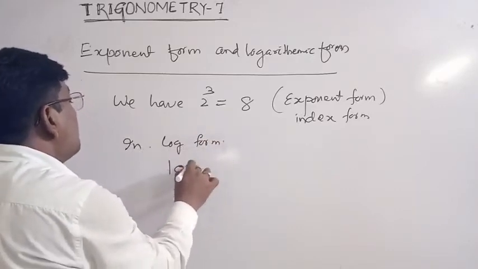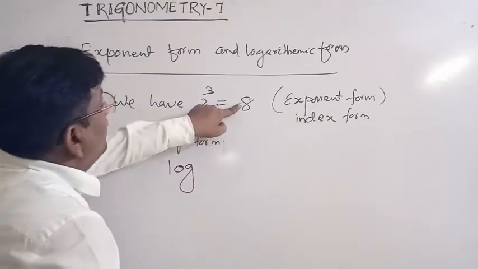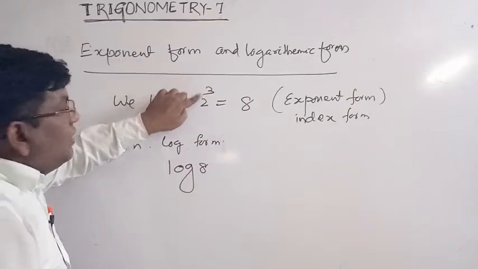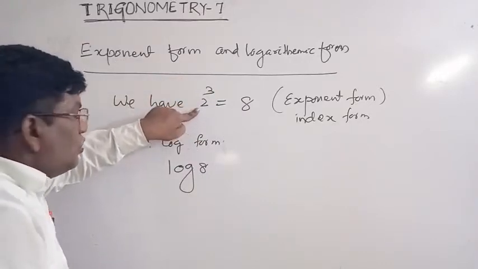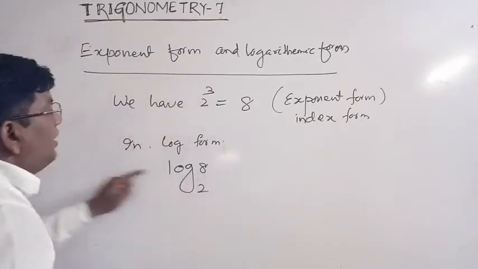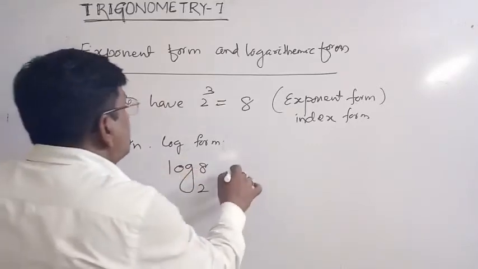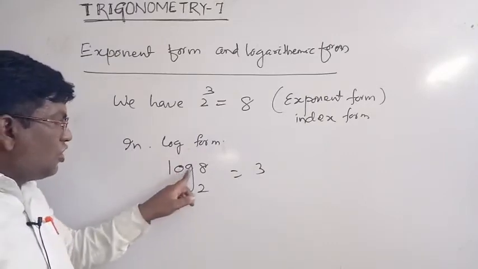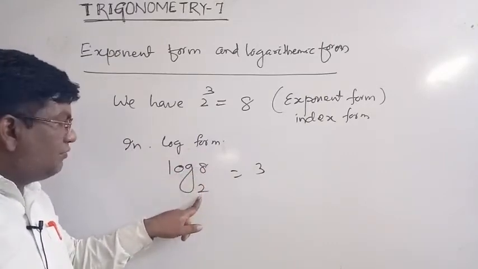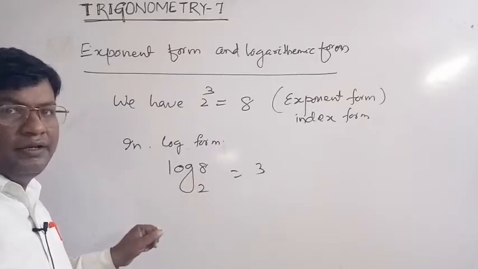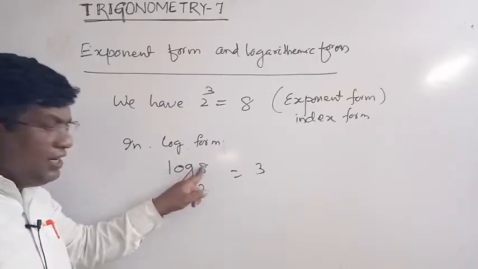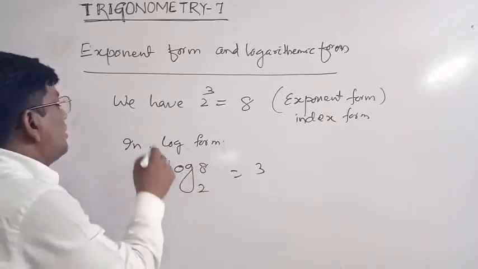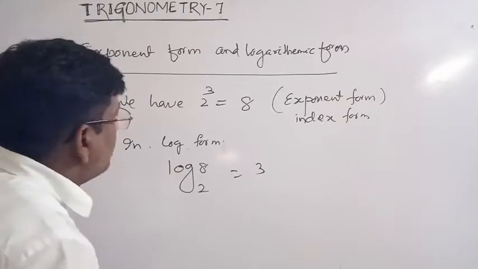Log 8, here base is what? This is power or index and this is base. Base is 2, so log 8 base 2 is equal to 3. This can be read as log 8 to the base 2 is equal to 3. This is the concept of logarithm.